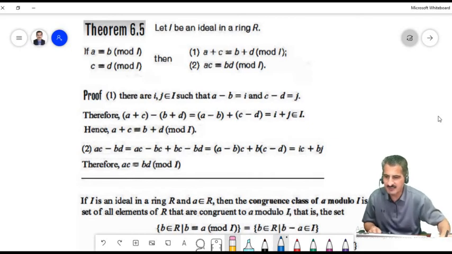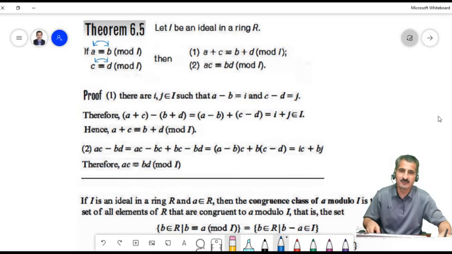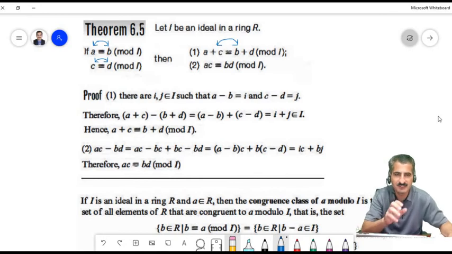It says if A and B are congruent modulo the ideal I, and C and D are congruent, then adding A and C is the same thing as adding B and D. This is what we have seen when we talked about groups.